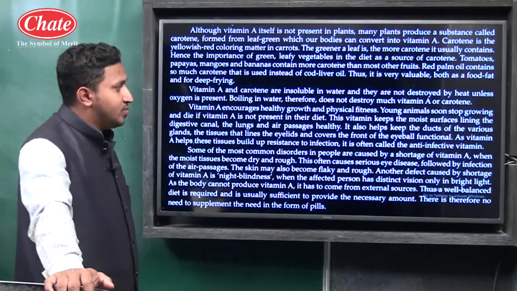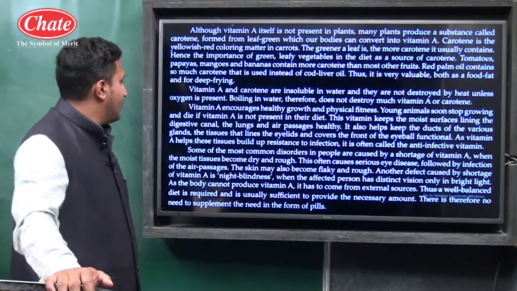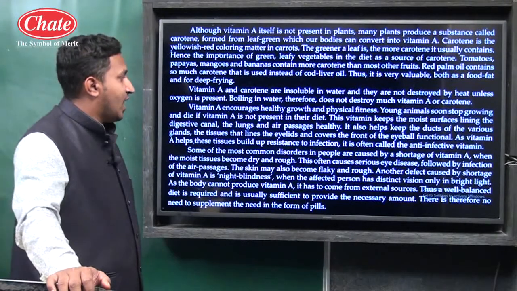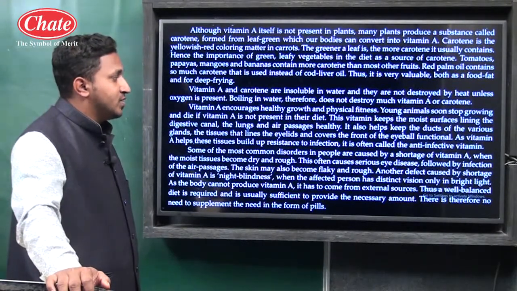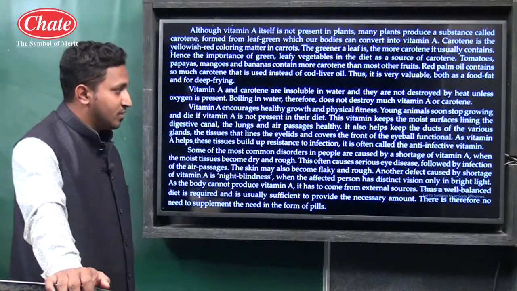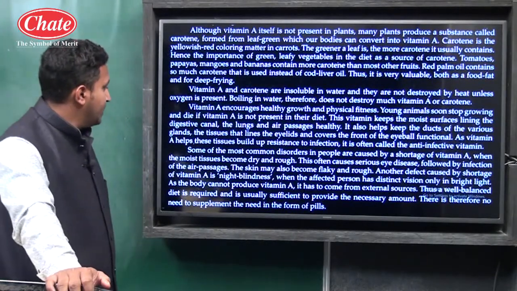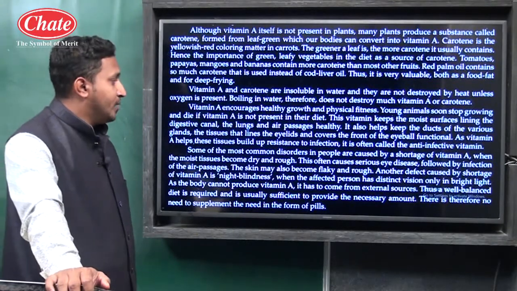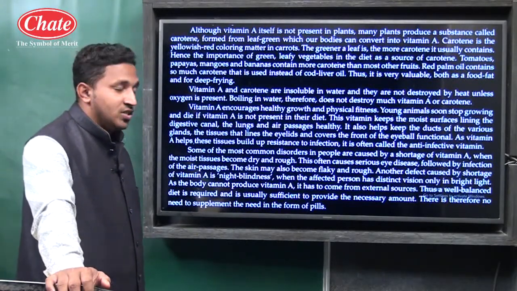It also helps keep the ducts of the various glands, and the tissues that line the eyelids and cover the front of the eyeballs, functioning well. And vitamin A helps these tissues build up resistance to infection.